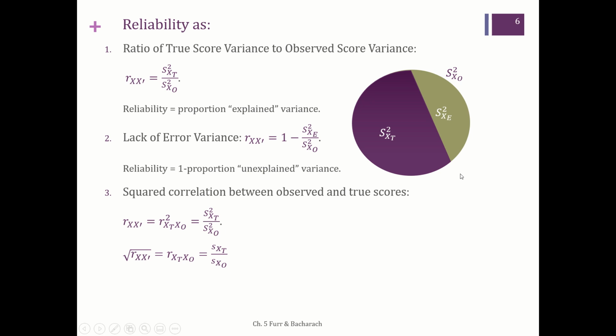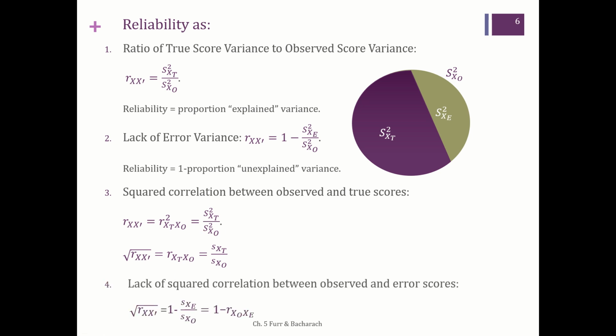Well, I could check the correlation between the true score and the test score, so the total observed test score, the correlation between XO and XT, and if I then square that correlation, I get the reliability. Because if I square the correlation between XT and XO, what I end up with is the explained variance, so that part of the variance in XO that's explained by XT. So by squaring the correlation, I get that part of the circle that's purple, which is basically what I wrote down here.